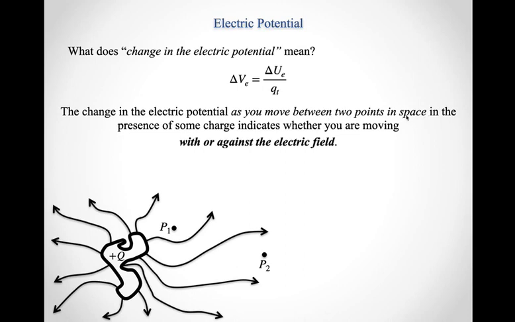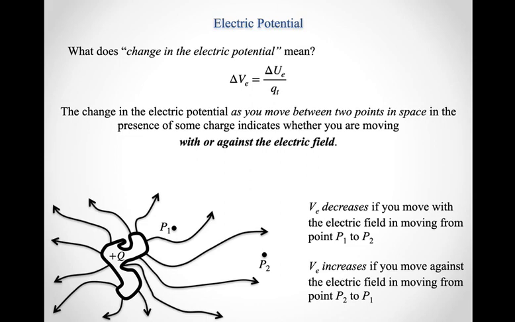And again, all this cares about is whether or not you're moving with or against the electric field that depended on your source charge. And so what we see is the electric potential decreases if we're moving with the electric field as we move from point 1 to point 2. So again, in general, we're moving more with the electric field in going from point 1 to point 2 than we are against it.